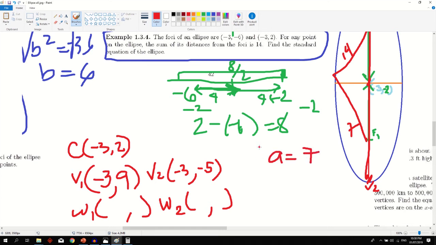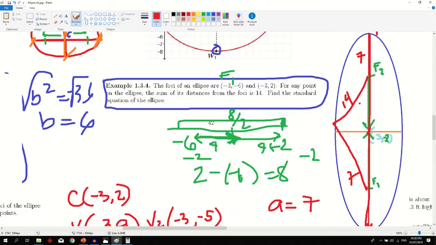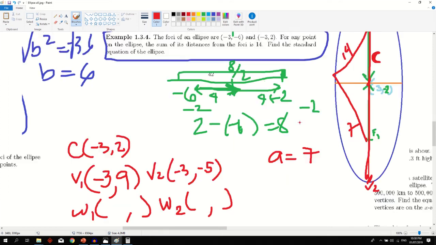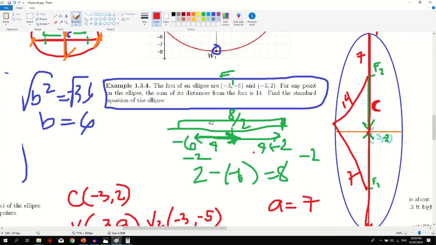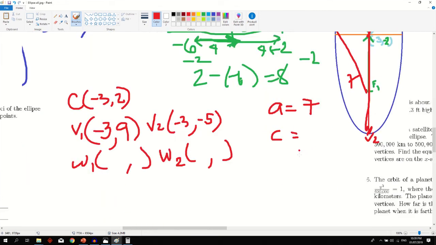Alright, so do we have a C here? Not yet. This is C. So we have C. This one is the C, right? Correct? Yeah. What is the C? It is the focus here, 4 here. This is the C. So we have 4. Then we need the B.